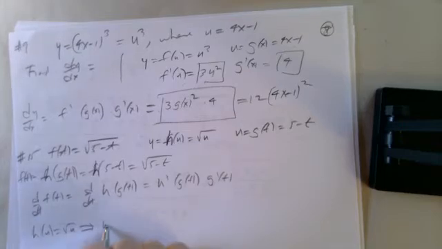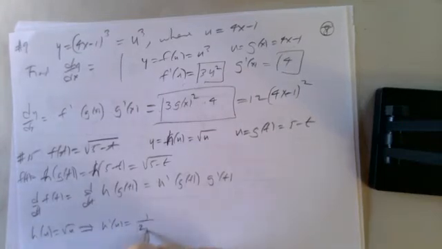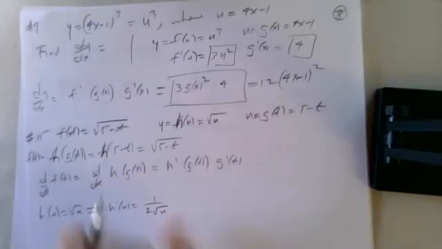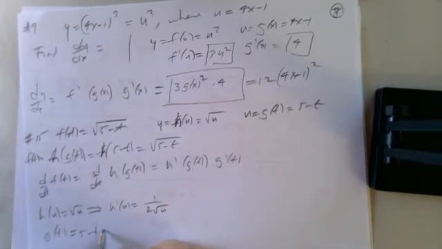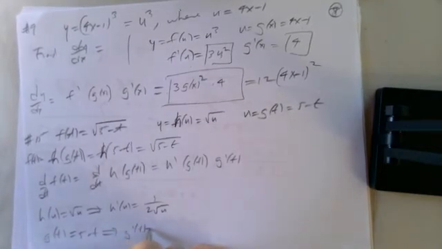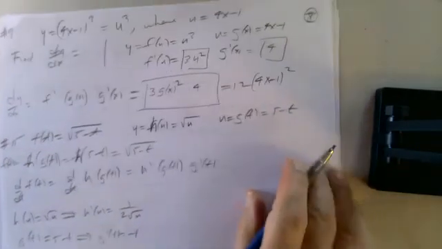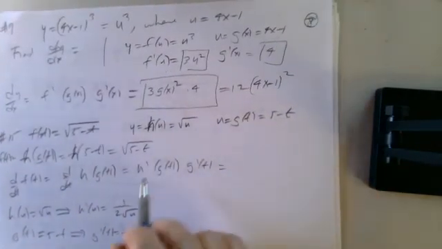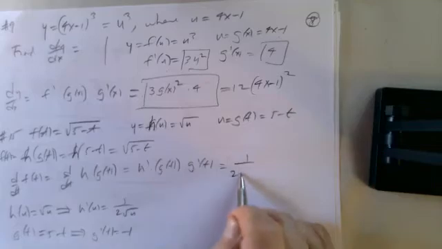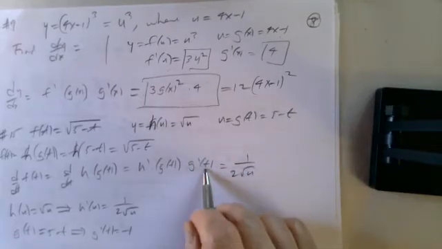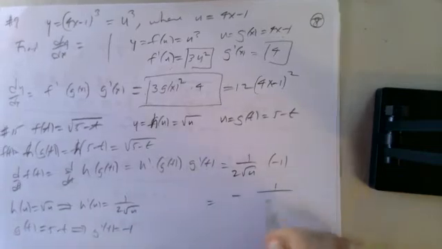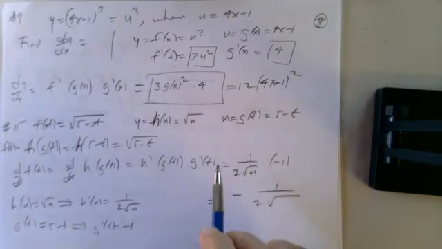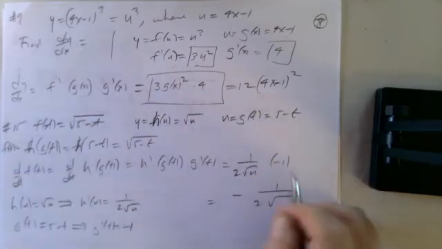We already did this. h prime of u is 1 over 2 times the square root of u. And if g of t is 5 minus t, g prime of t is minus 1. So what we get here is h prime, 1 over 2 times the square root of u, times g prime of t, which is minus 1. So I get minus 1 over 2 times the square root of, what is u? 5 minus t.